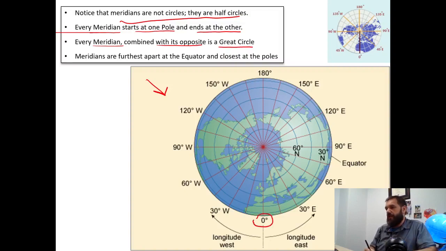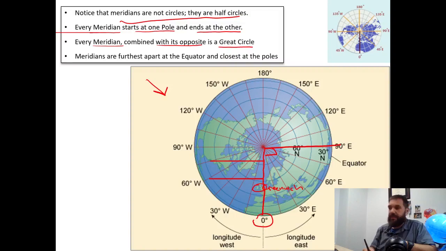you see that the line that goes through Greenwich, England, there's Greenwich right there, okay? The meridian that goes through Greenwich has to be the prime meridian. So I'm going to draw that one, highlight that, that's the prime meridian. Then we have a line that makes a 90-degree angle with that.